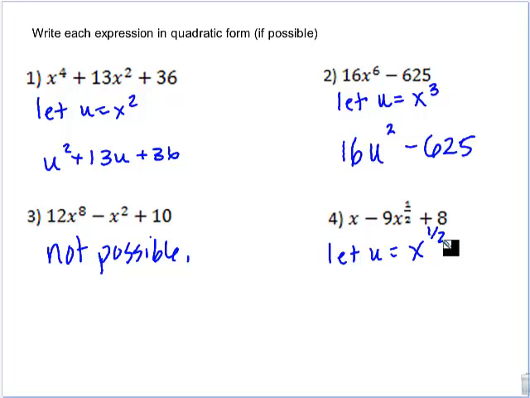And then what would our quadratic be? If it's x to the 1/2, we would have u squared minus 9u, yeah, plus 8. If you're letting u equal x to the 1/2, don't use x's again in your next equation. Otherwise, when you go to solve it, you're going to get a little confused.